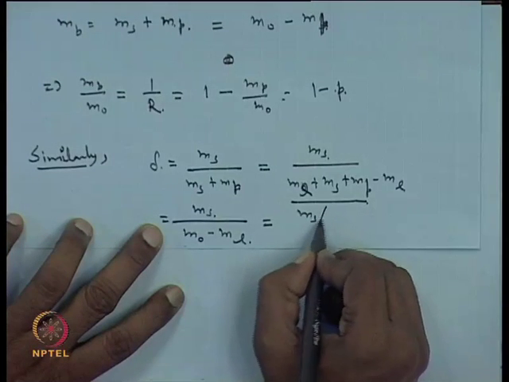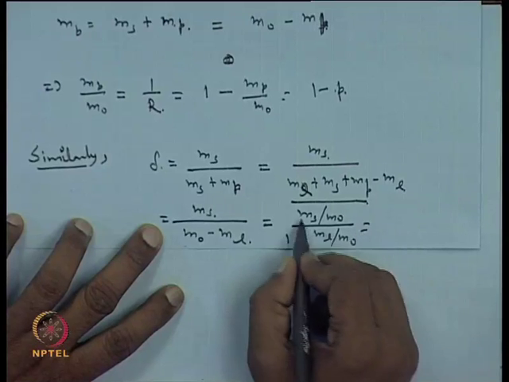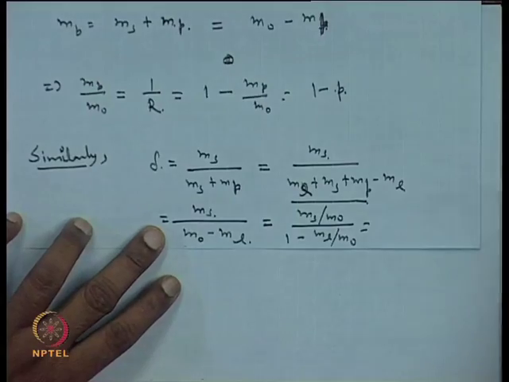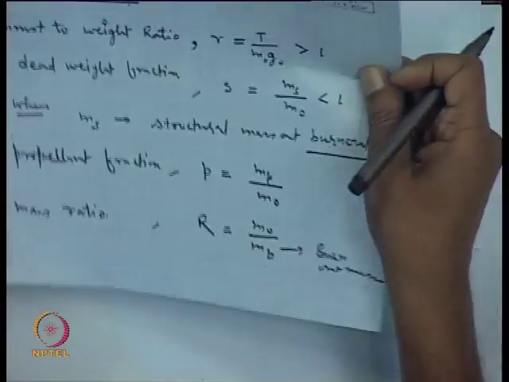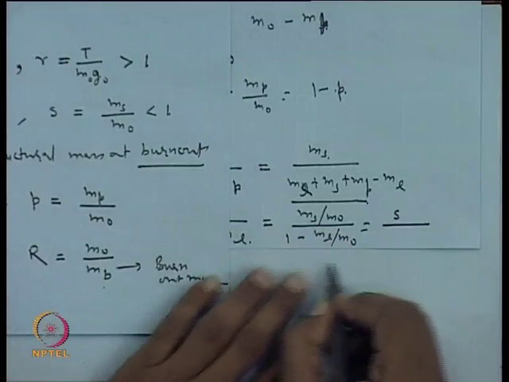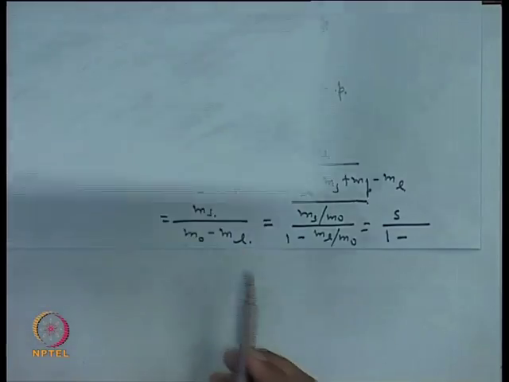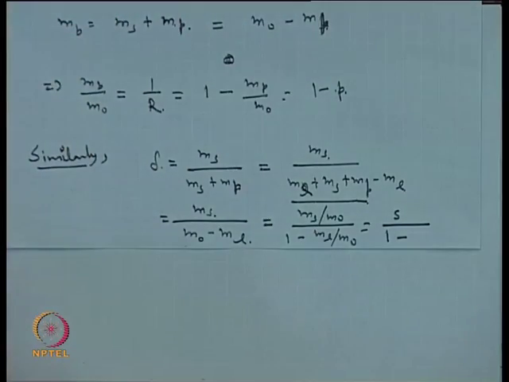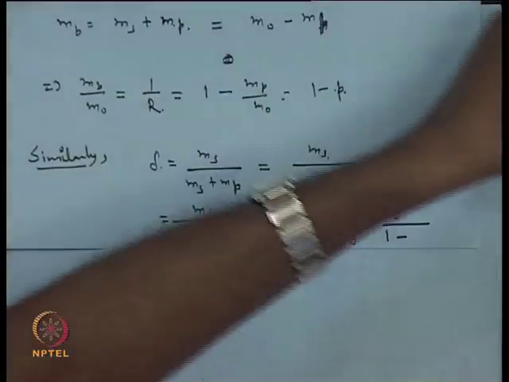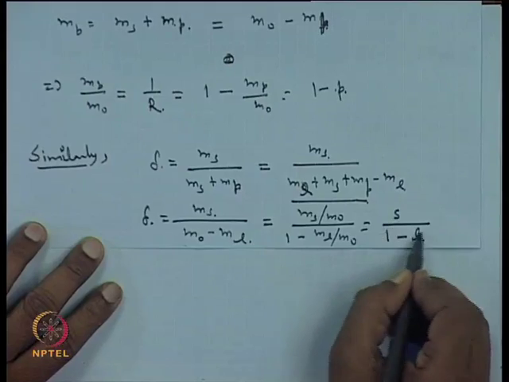So, this is m_s divided by m_0, 1 minus m_L divided by m_0, and this quantity we have written as the quantity S, which is the dead weight fraction m_s by m_0. So, m_s by m_0 is our dead weight fraction S, and this becomes 1 minus m_L by m_0, which is nothing but payload fraction m_L by m_0. This we have written as L. Okay. So, delta becomes equal to S by 1 minus L.